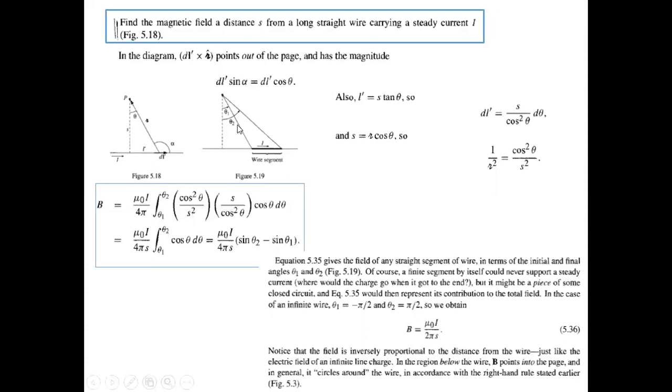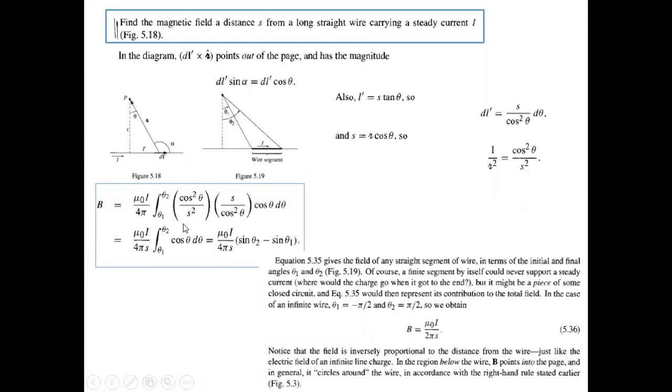So it can be immediately converted in terms of theta 1 and theta 2. Now we are not using Cartesian coordinates anymore. We're converting this into spherical coordinates. Then the Biot-Savart law gives you this.